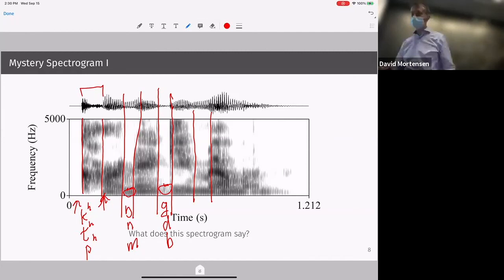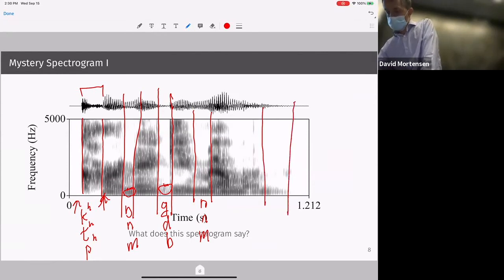Okay, so this nasal, it's got to be N or M. So I'm going to help you, and I'm going to say there's another nasal right here. Does anybody have any guesses about what the word is?